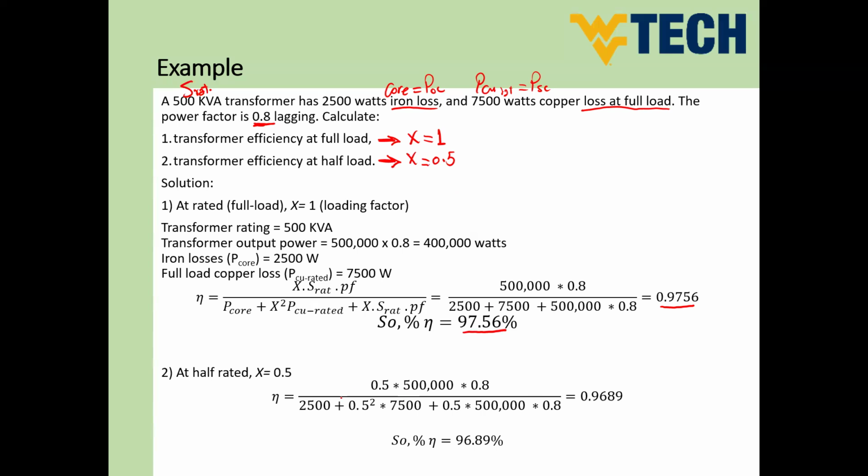For the second case, at X equals 0.5, it is 0.5 times S rated times power factor, and here the P core is the same, plus 0.5 squared times the copper loss. So this is the other efficiency at 50% of the loading condition.